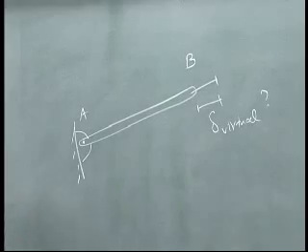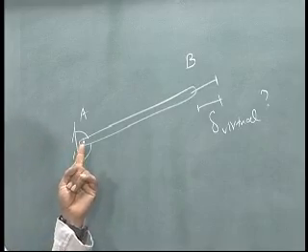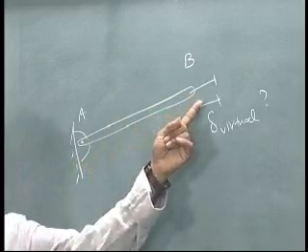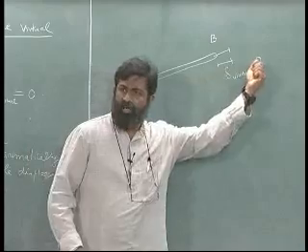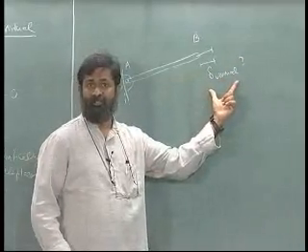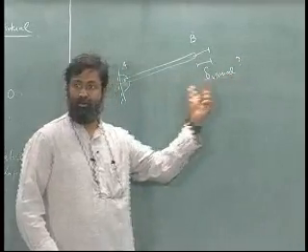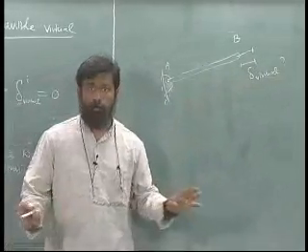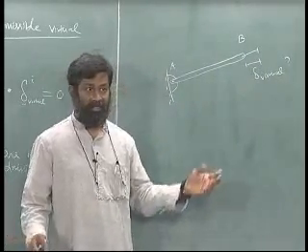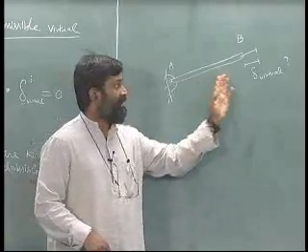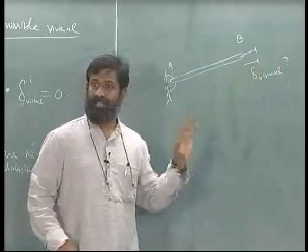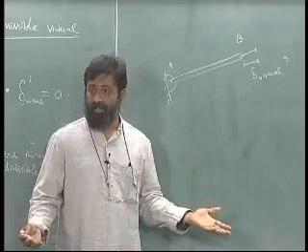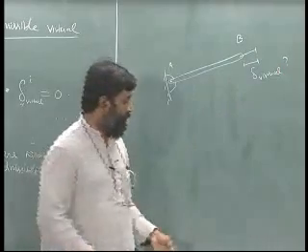The answer is no, because I have fixed this. This is a rigid body. There is no way I can pull it by a delta virtual. And therefore, I will call that kinematically not possible. Kinematically, in the sense I cannot move this like this and hope to get a virtual displacement.